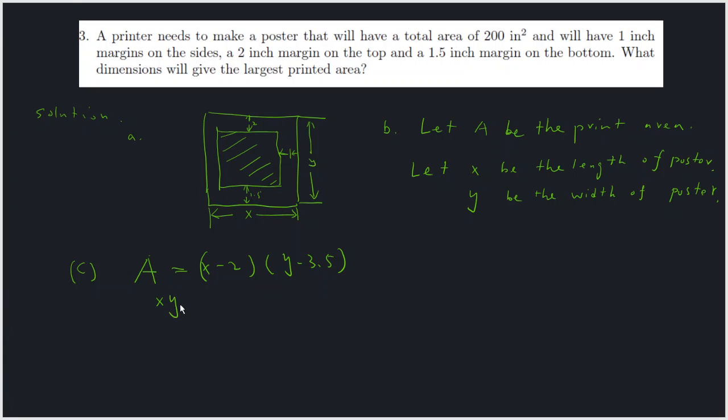So x times y is equal to 200, using the first condition. These are probably all the relations we can get. We have written the quantity to be maximized as a function of x and y, and we also have a relation between x and y. Okay, so we're done with step C.